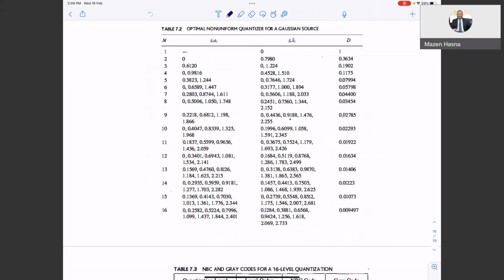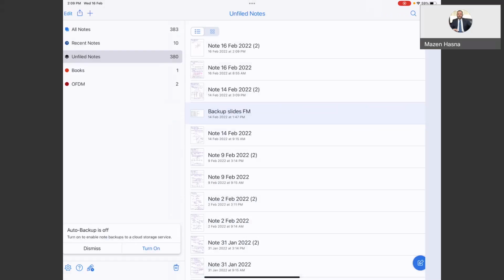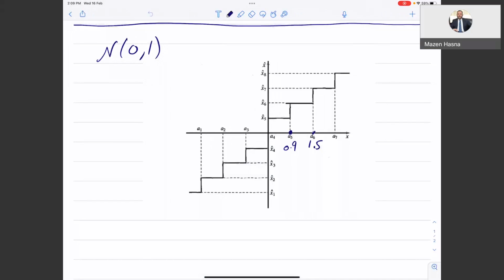So 0.9 minus 0.9, 0.45, 1.5, 0.45. We don't have this.